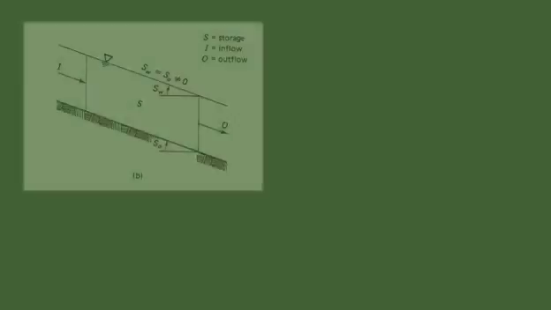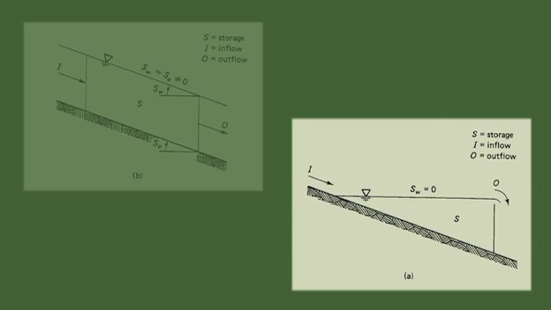In Horton's storage approach, outflow is related to storage volume, and by extension to the mean flow depth on the overland flow plane. In the kinematic wave approach, outflow is related to its flow depth. Since the typical overland flow problem has a non-zero water surface slope, it is more likely to behave as a channel rather than as a reservoir.